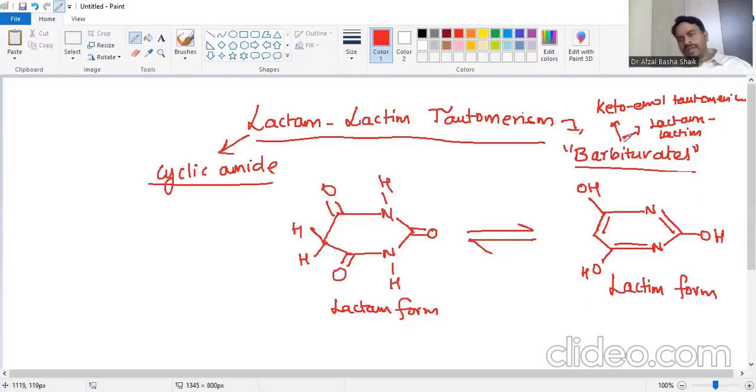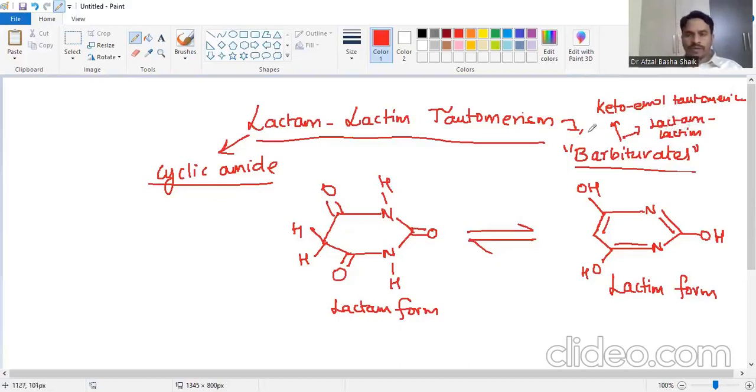So whenever they give a multiple choice question where there is keto-enol tautomerism, lactam-lactim tautomerism, and other types of isomerism, you need to give first priority to lactam-lactim tautomerism. Sometimes what they will do is within the same options, they will give both keto-enol as well as lactam-lactim. Then you need to consider the option which contains both these terms, keto-enol as well as lactam-lactim tautomerism.